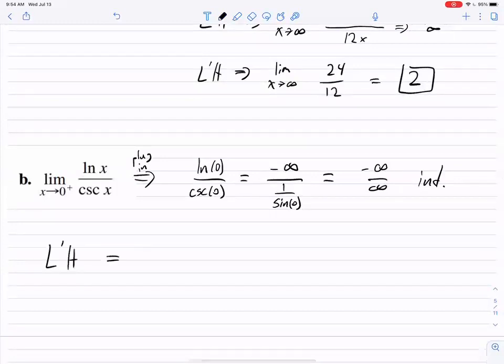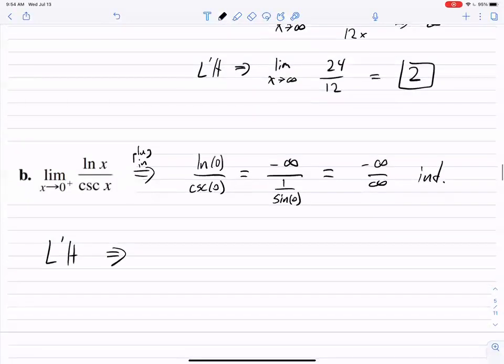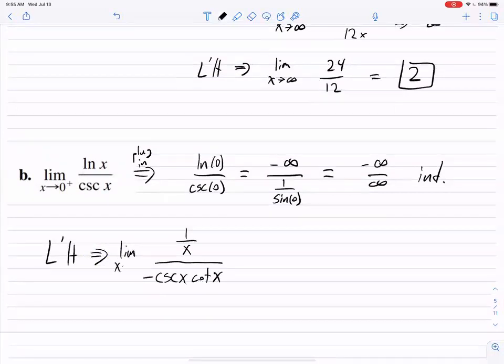And so we'll use L'Hopital's rule. So by L'Hopital's rule, we get that this is 1 over x, and then the derivative of cosecant x is cosecant x times negative cotangent x. And technically, it's the limit of this as x goes to 0 from the right. I get on people who don't write the limits, and I'm not doing it myself.